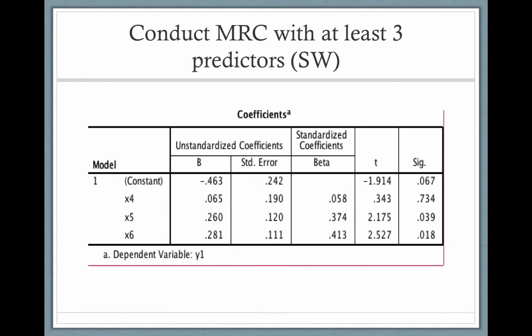So when we conducted an MRC with 3 predictors, I chose X4, X5, and X6 for Module 3 data, and the first thing I did was look at the regression coefficients, the betas and unstandardized coefficient column, or the sig or p-values.